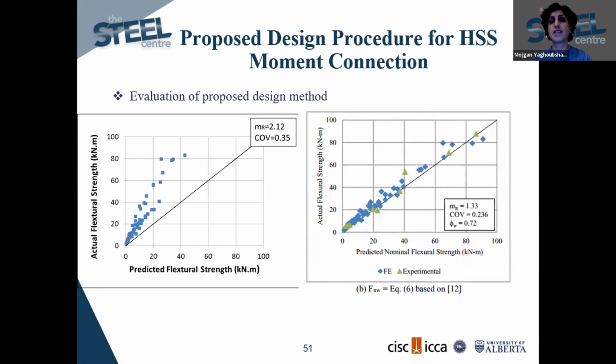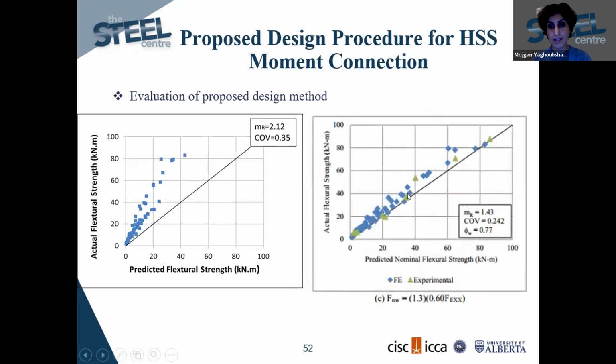In another approach, because it was tried to make it more simple, rather than the formula proposed by Kyle Tusing-Nant, it was assumed that FNW, which is the weld strength, be equal to 1.3 times the current value proposed by AISC.